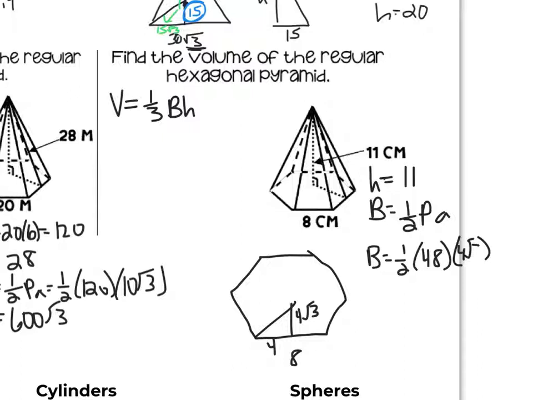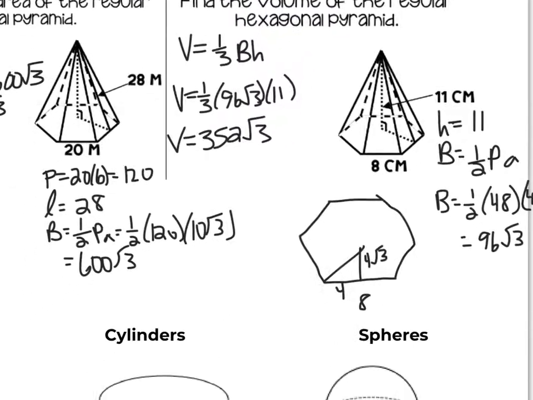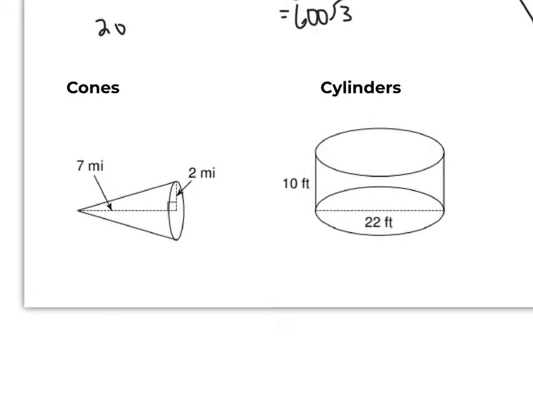So 4 square root 3, which means the area of my base is 96 square root 3. So volume equals 1/3, 96 square root 3 times a height of 11. So we get 352 square root of 3. Also notice I'm not doing any decimals here, we're just leaving the square root 3.